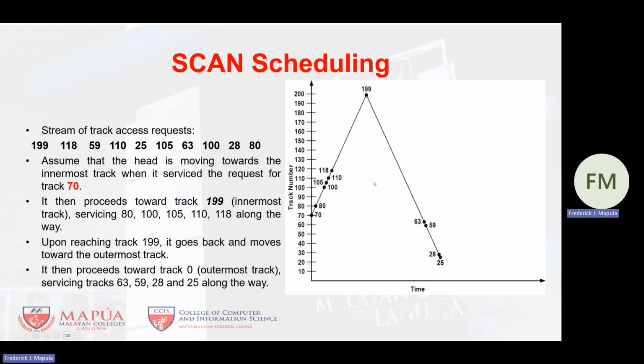And then it services 63, 59, 28, 25 towards the outermost. That is the SCAN schedule. Okay? Next.